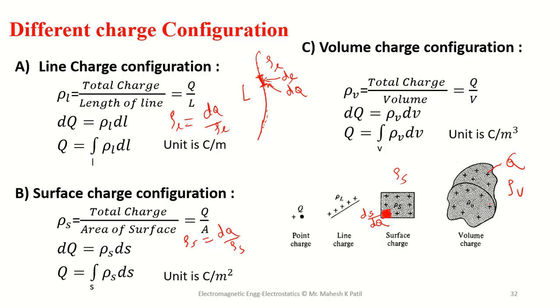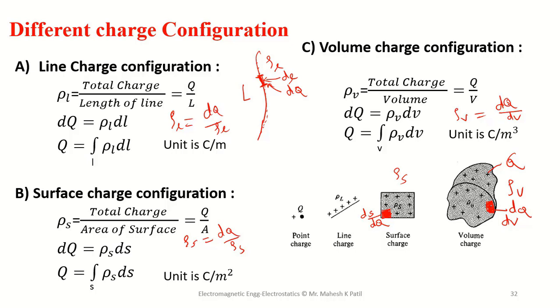So from this entire volume you consider the smallest part of the volume. Let dq number of charges be present in this small volume, and let its volume be dV. So rho v for this small volume will be what? dq upon the small volume dV.